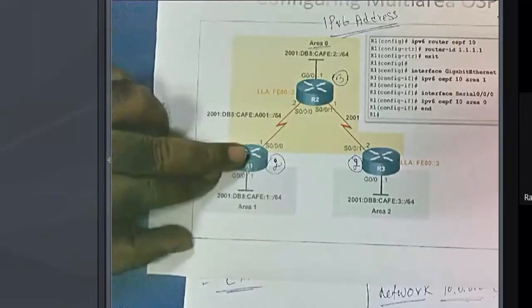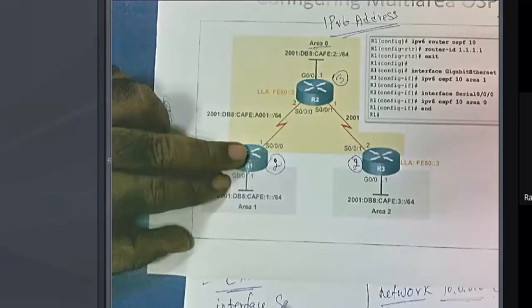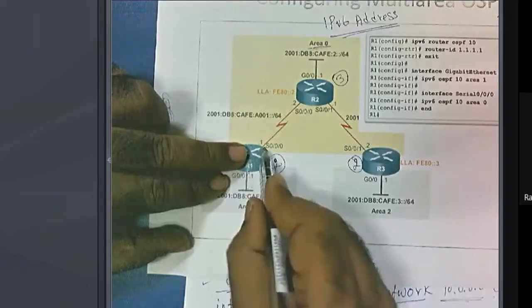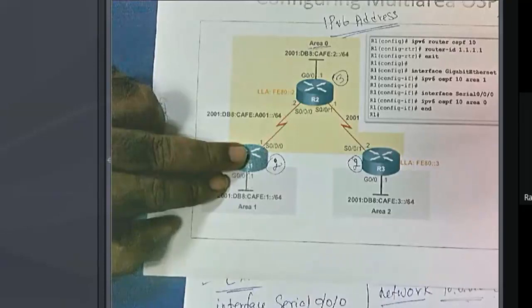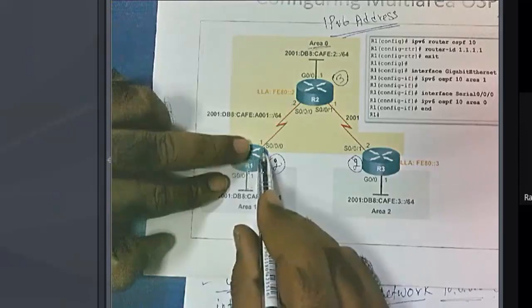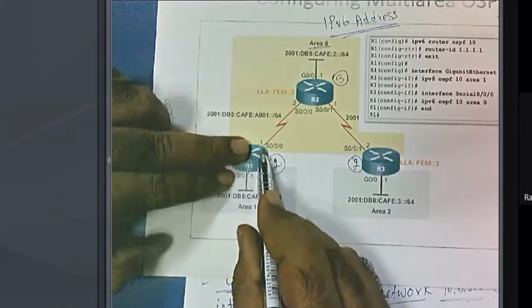I'm going for interface serial 0/0/0. Here I want to say this is area 0.